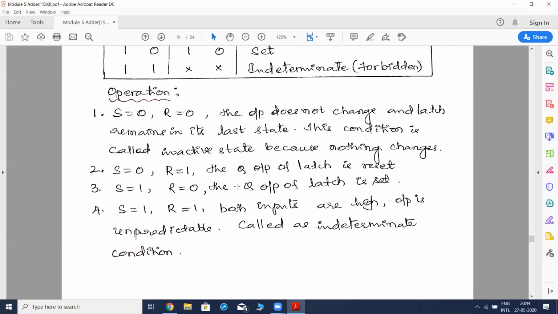That state is called the set state for the latch. The last combination is when S is 1, R is 1, both inputs are high. That state is called unpredictable, or indeterminate state, or it is also known as the forbidden state.